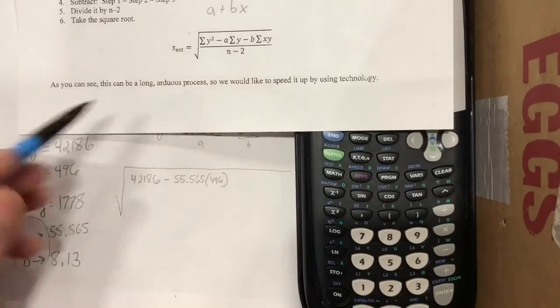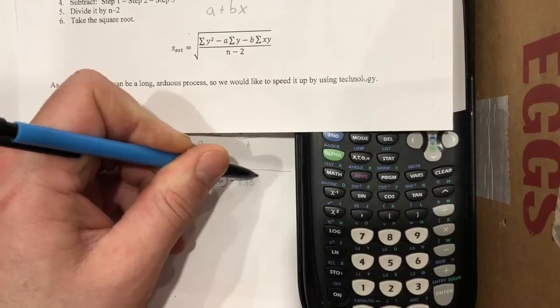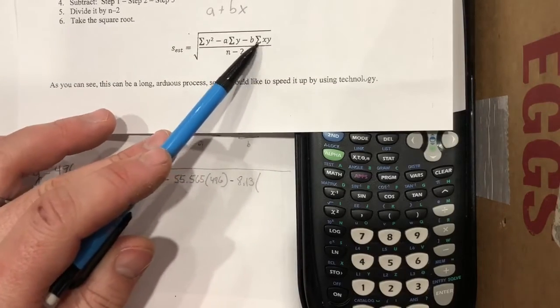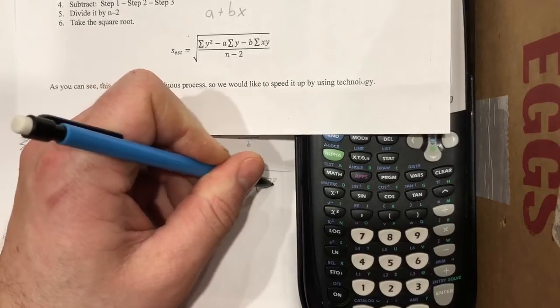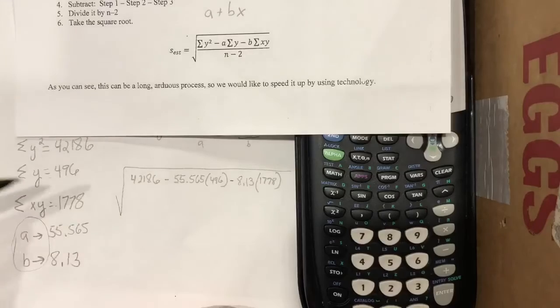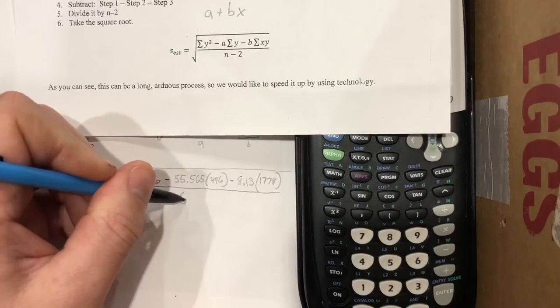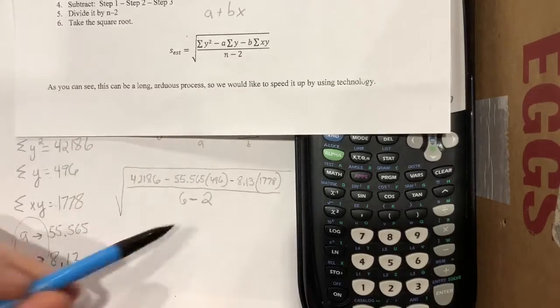Then minus again, B, which is 8.13, times the summation of xy, which in our case is 1778. All of that then gets divided by n minus 2, which is 6 minus 2.